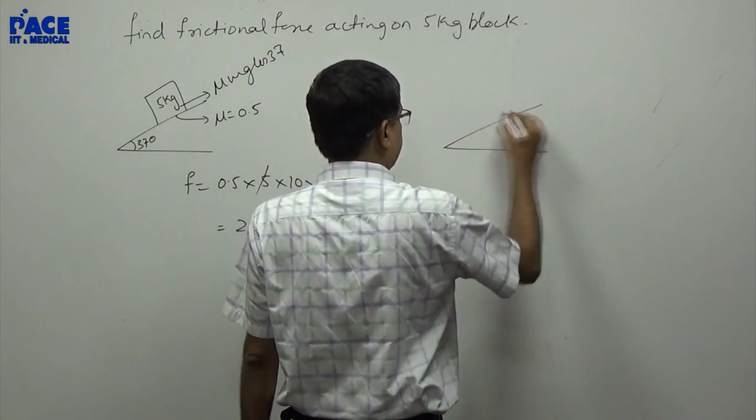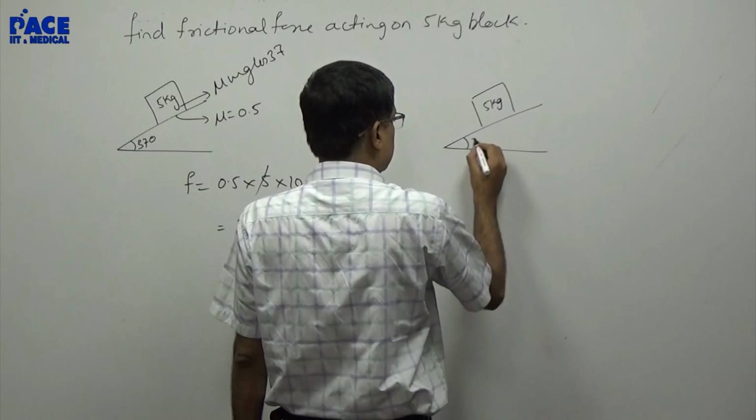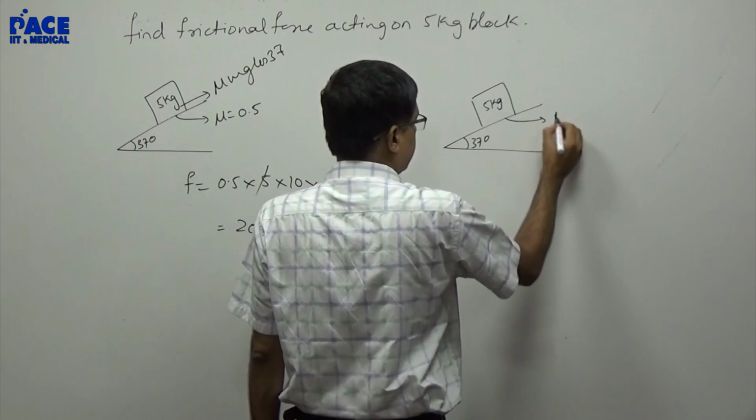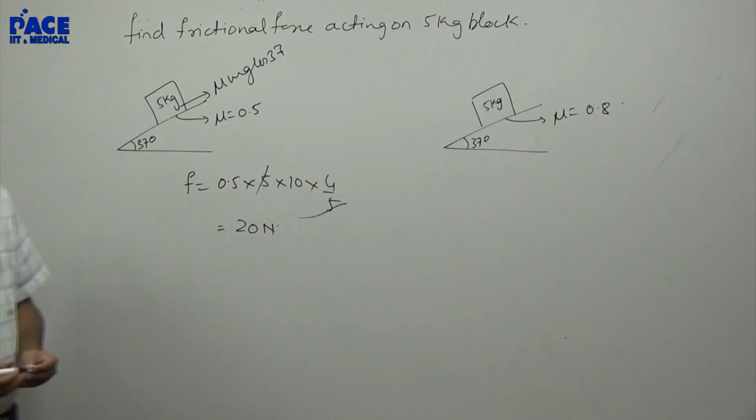What if 5 kg block, 37 degrees, right? Mu is 0.8. Find the value of friction acting on the 5 kg block. Sir, 30.